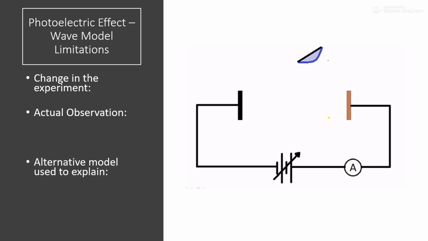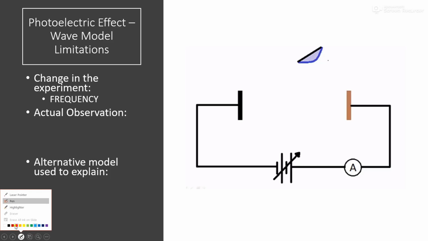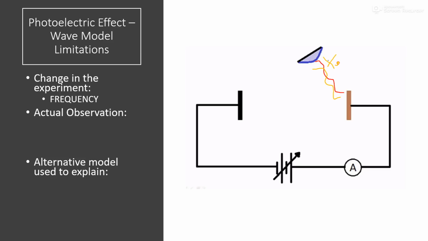The next thing we look at is the frequency of that light. Just now, like what we've said, if we have red light hitting this plate, or we increase the frequency to say orange light hitting that plate, somehow I don't get any electrons coming out. But once I pass a certain frequency of that light, say once I pass yellow, once I pass green, and I hit blue light, all of a sudden I get an emission of electrons.